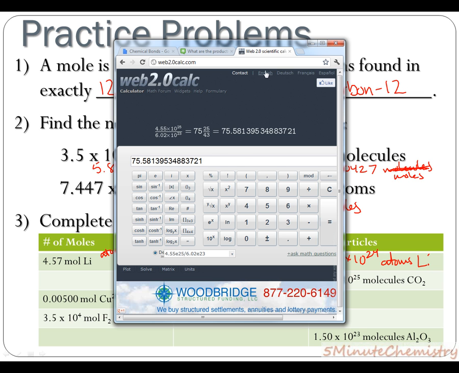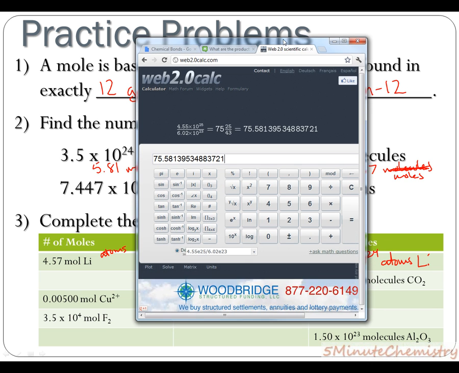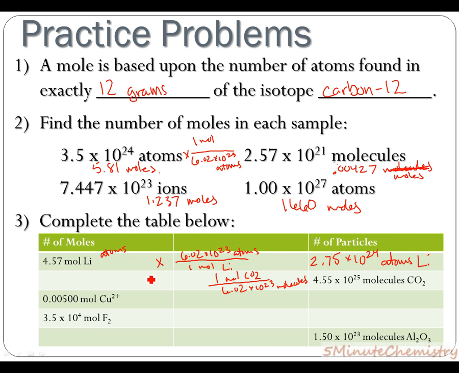That gives us 75.58. And with 3 sig figs, that will be 75.6. So 75.6 moles of CO2.